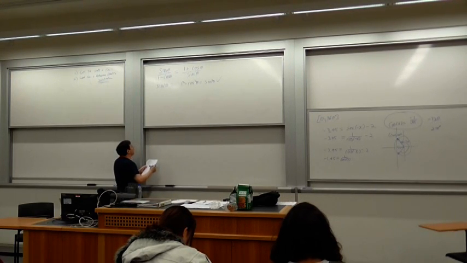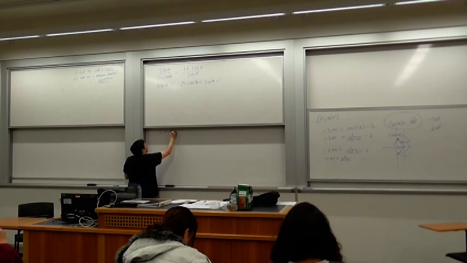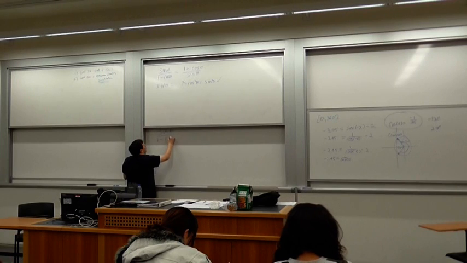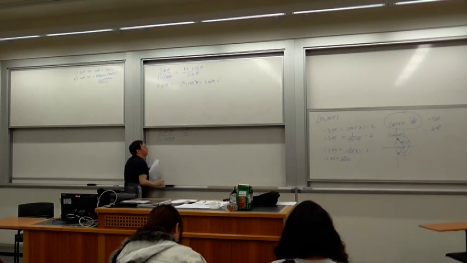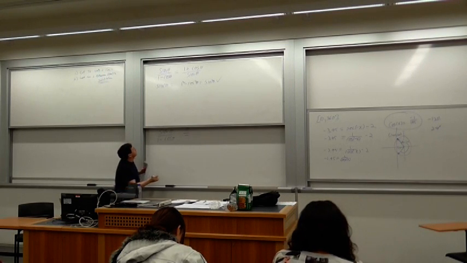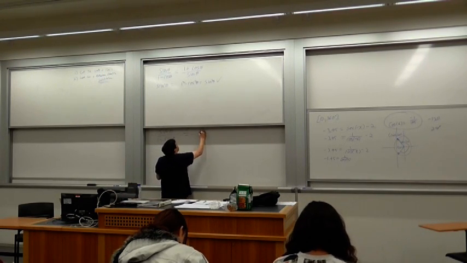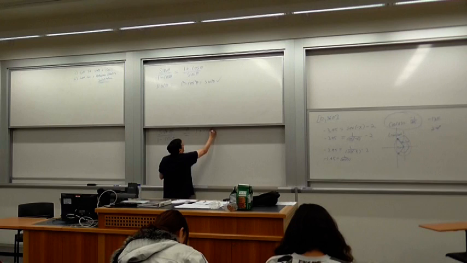Let's start over. We want to show that sine of theta over 1 minus cosine of theta, and I'm going to put a little question mark here, we don't know this, that's what we want to show, is equal to 1 plus cosine theta over sine theta.